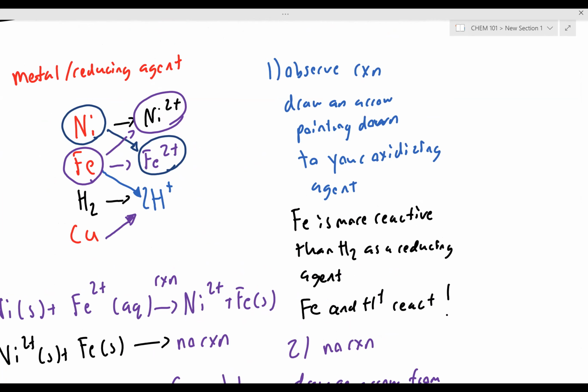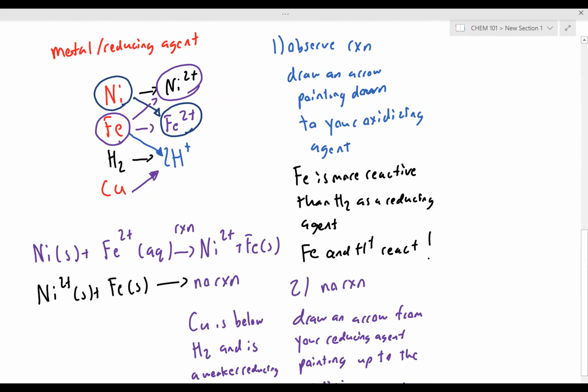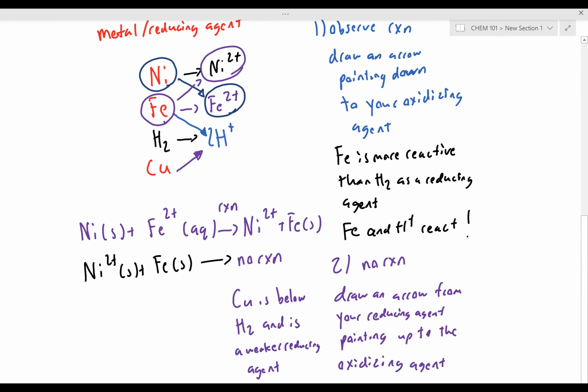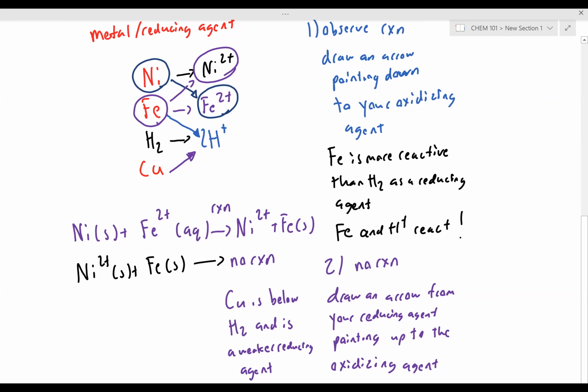Okay. So that's all you're doing today. You're mixing different metals and metal ions, and then based on whether you observe or do not observe a reaction, you place those compounds relative to each other on the activity series. The most reactive metal will be at the top. So in this case, nickel is our most reactive reducing agent.